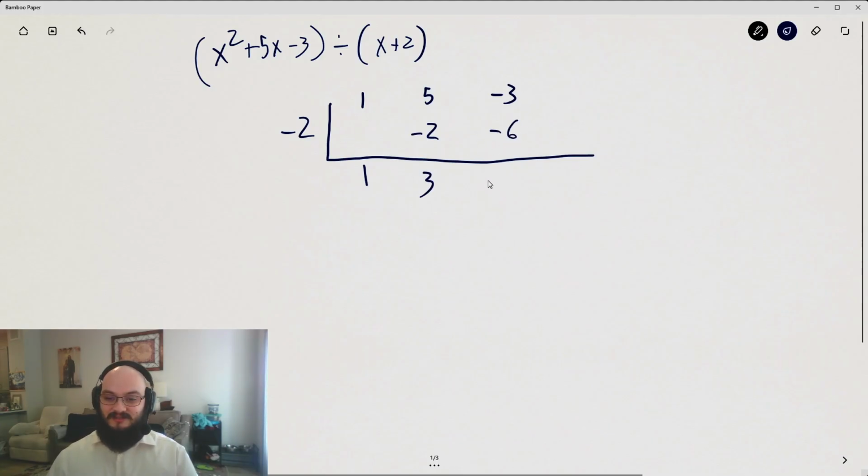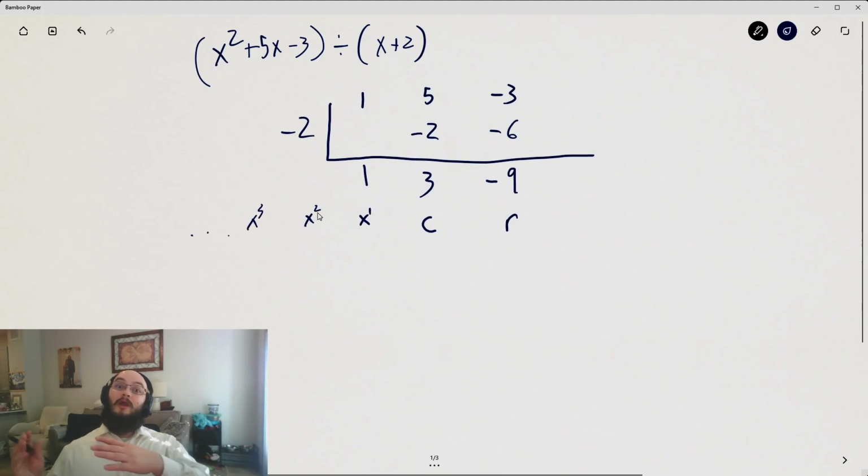Add this column together, and that gives us -9. And then our pattern for writing out our final answer is our last number is our remainder, our next number is our constant, and then we have our x to the first, and then x to the second, x to the third, etc., going on back towards the left.